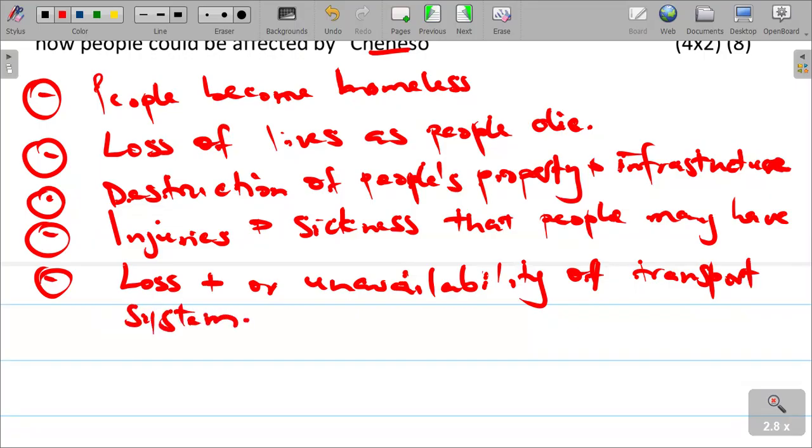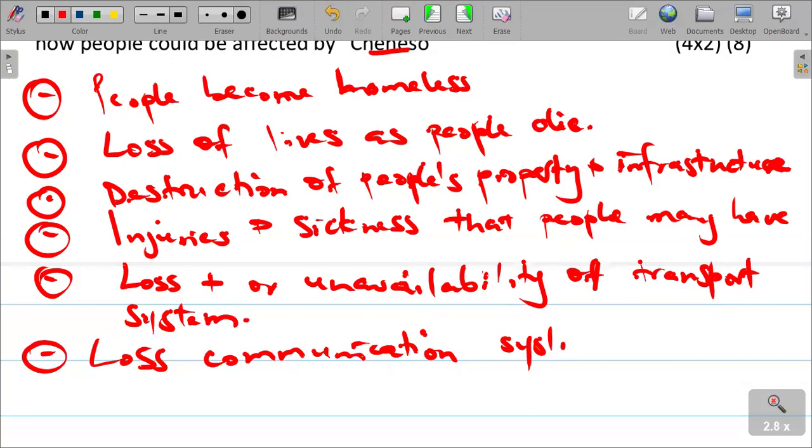There is no transport that people can have, because we are talking about the destruction of property and roads. And then we talk about loss of communication systems.